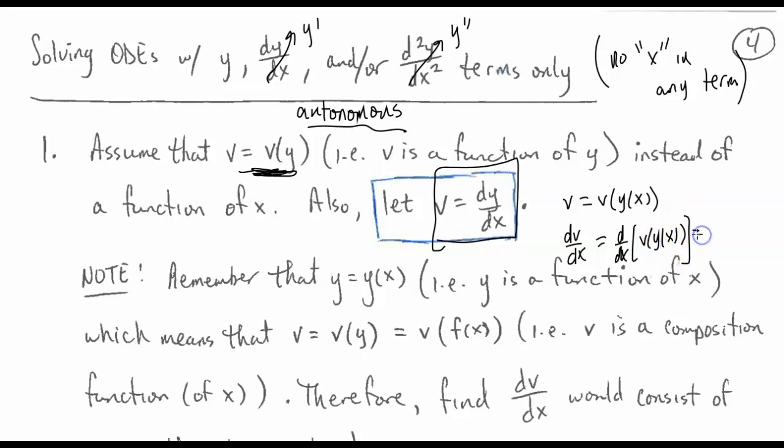So if I do that, I know that that's going to be taking the derivative of v with respect to the outside, quote unquote, variable, which is y, times the derivative of the inside function, which is y, with respect to the inner variable, which is x.